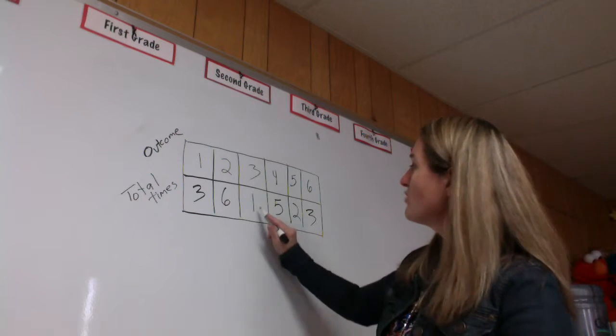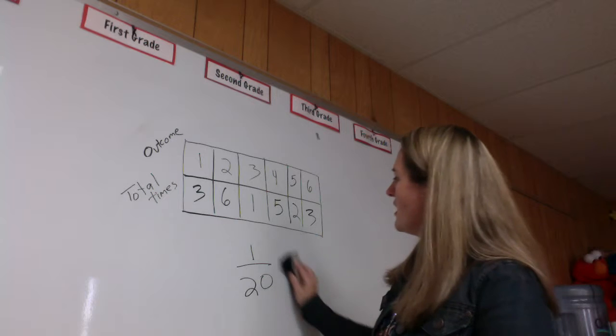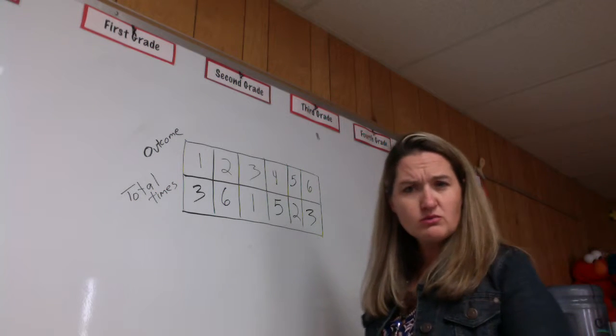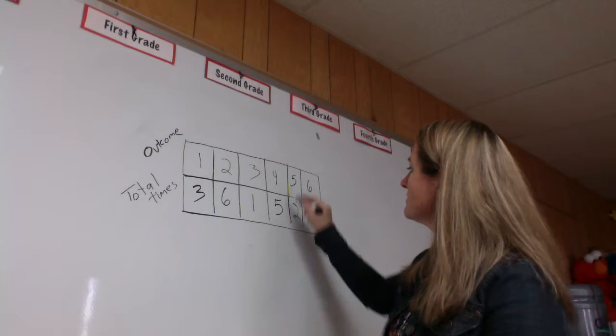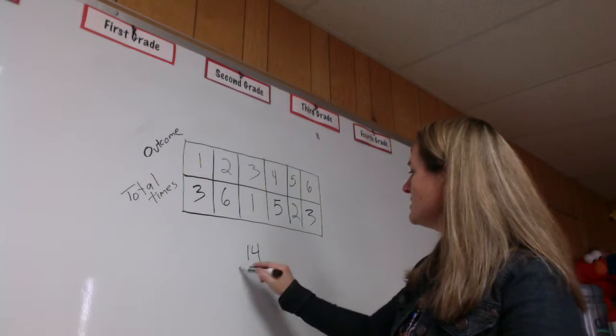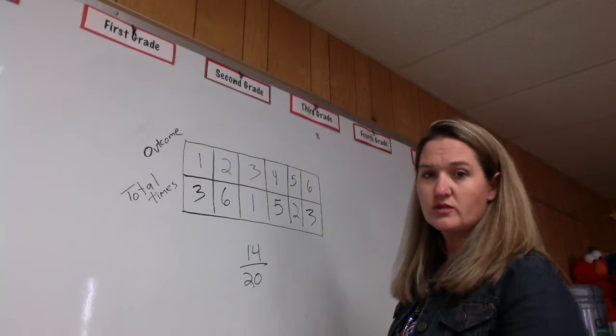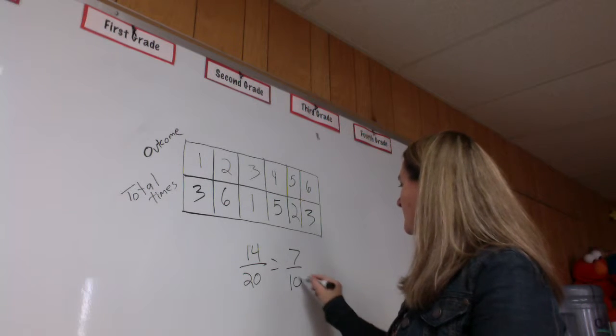I rolled a 3 one time, so 1 out of 20. What's the experimental probability that I will roll an even number? Well, 6 plus 5 plus 3, I've got 14 out of 20, which we've got to simplify: 7 out of 10.